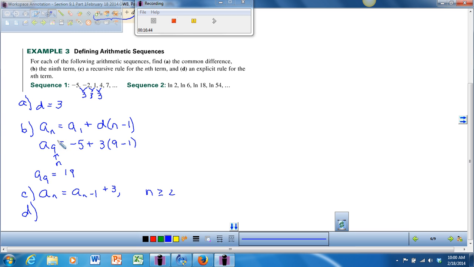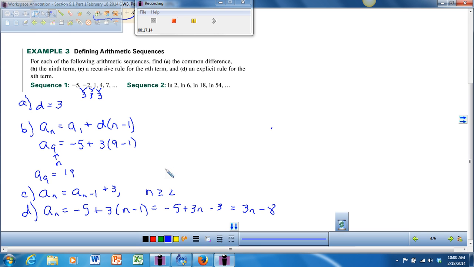And then finally, our explicit rule, well, we started doing that up here in B, so let's finish that. a sub n is equal to, our a sub 1 is negative 5, plus our d is 3, and then we'll multiply by n minus 1. We can simplify that a little bit, giving us 3n minus 8. Basically the equation of a line. All right? So that's how we would do that for an arithmetic sequence.